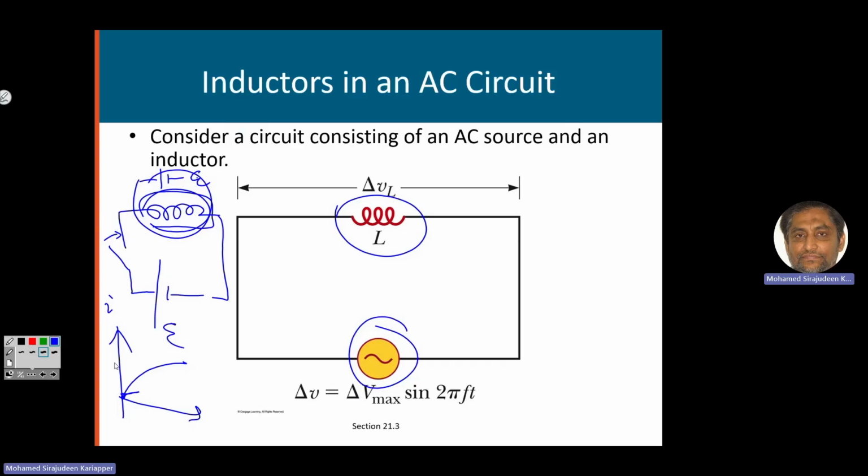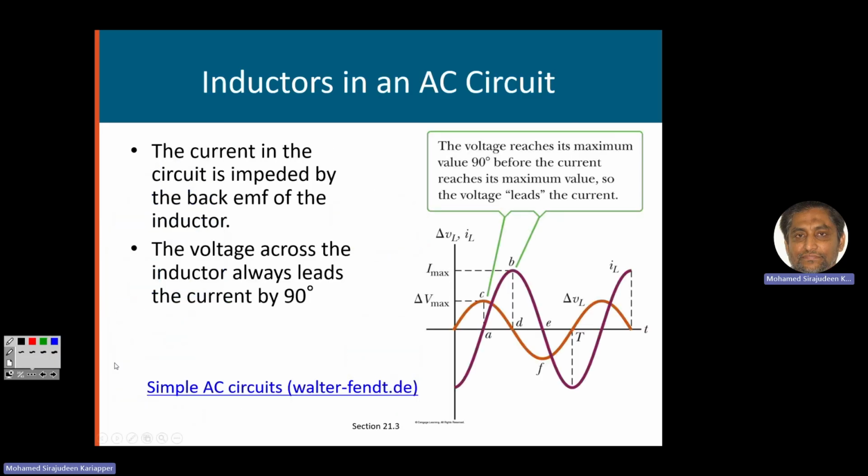The potential difference is leading. It is the same story. When the potential is maximum, current is 0 because we start with 0 current. And then eventually this potential will be 0 and the current will be maximum. So when you have an AC source, it will repeat. So you will have this graph.